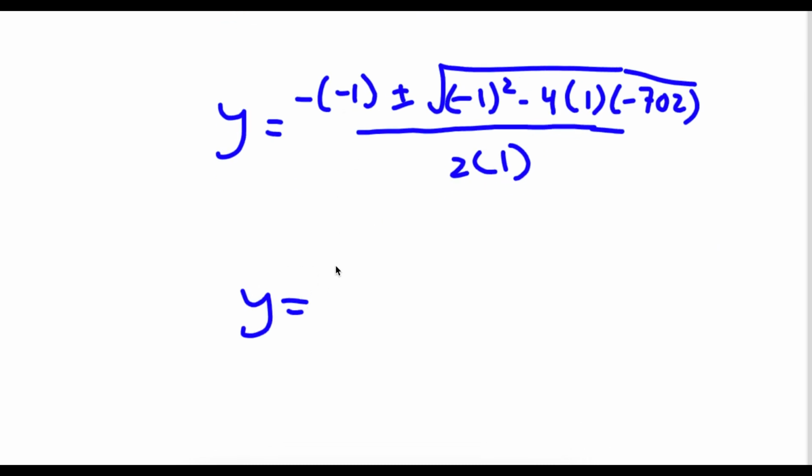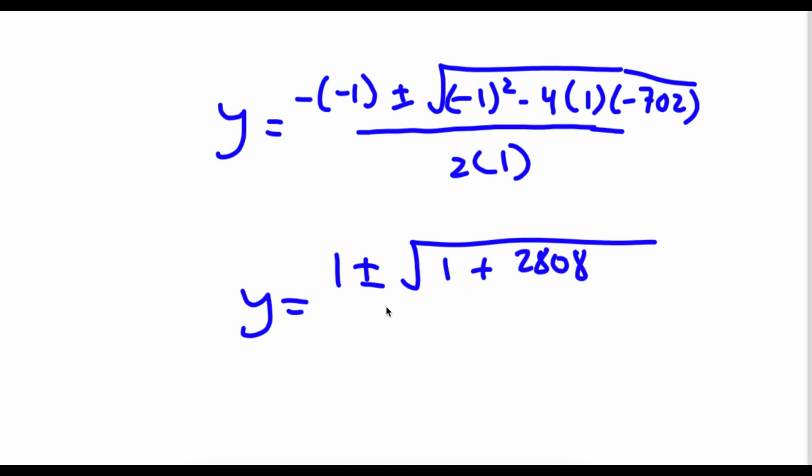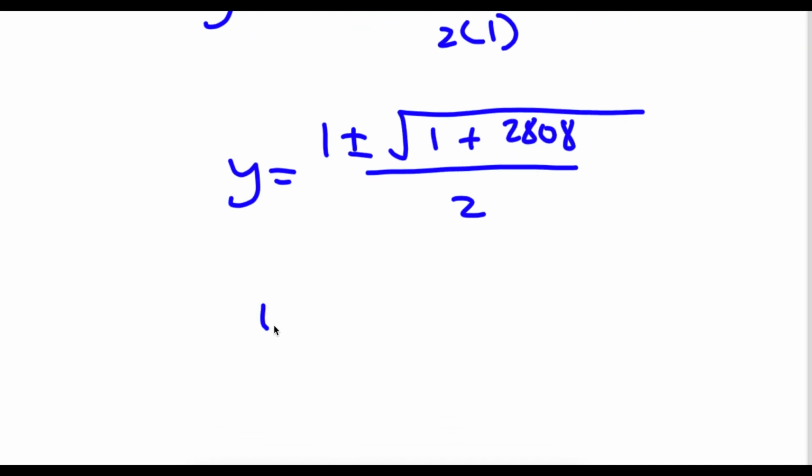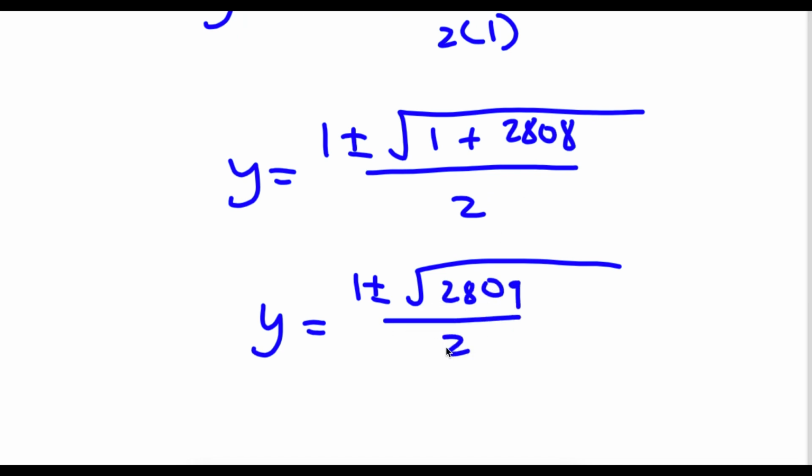Now, negative of a negative is a positive, so I have positive 1 plus or minus the square root of negative 1 squared is 1, minus negative 4 times negative 702 is positive 2,808. And 2 times 1 is 2. Now I have 1 plus or minus the square root of 1 plus 2,808, which is 2,809, over 2.